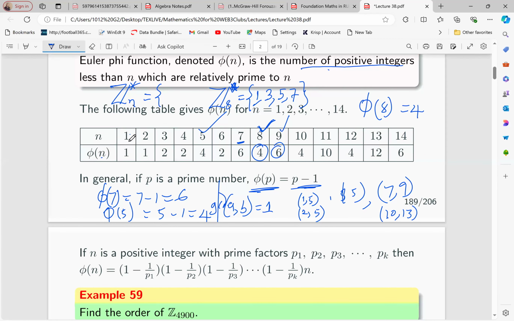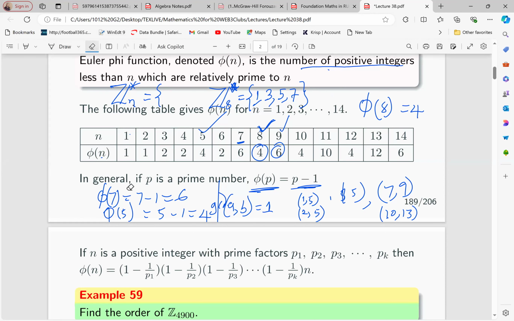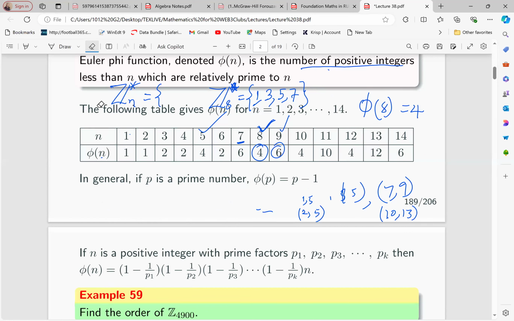So when we talk of Euler phi of n, we are asking which numbers are relatively prime to n. When we talk of Euler phi of 7, we are asking how many numbers are relatively prime to 7, less than 7, and positive. So, for instance, when we talk of the Euler phi of 10, we're asking how many numbers are relatively prime to 10 and are smaller than 10?